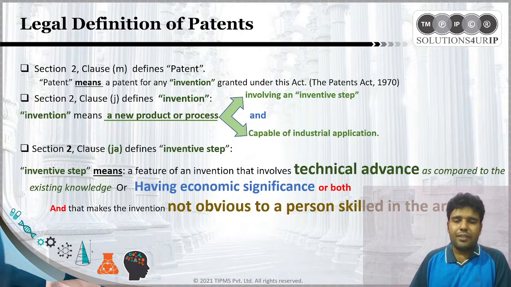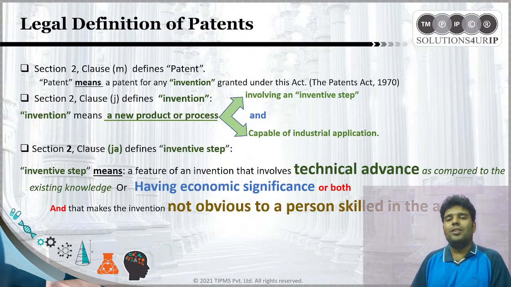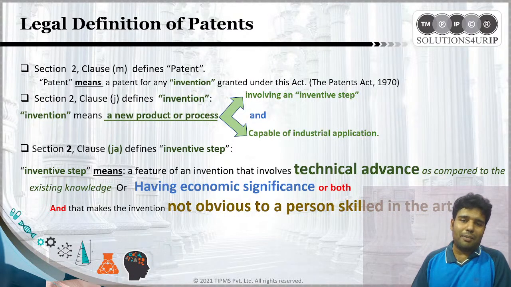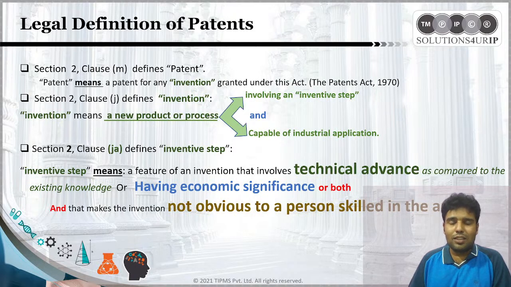Inventive step means, now remember, even if you cannot exactly replicate what inventive step means in the paper, then at least refer to the section number properly, that is section 2 subsection 1 clause JA.